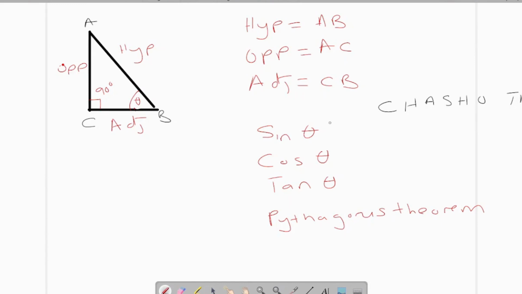So our sine theta, from this abbreviation, is opposite over hypotenuse, and the cos theta, from our C here, is adjacent over hypotenuse.